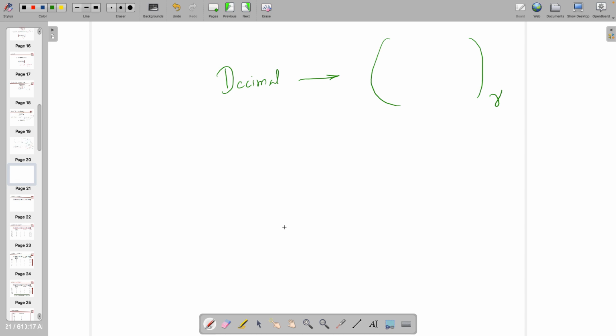In that case, what you need to do is you have to divide this number with r, right? So that first decimal number is going to be divided by r. Whatever number is coming, it will have two parts. One is the integer and one is the fraction, right?